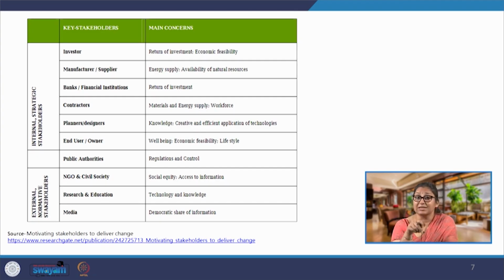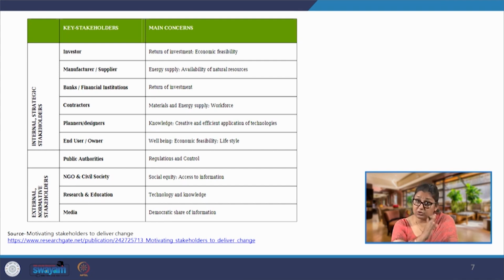These are the resources that he needs to continue to work, continue to supply the material. Contractors require this continuous supply of materials and energy and also workforce. For designers and planners, they need to have the knowledge base updated every now and then, they have to be creative, and there has to be an efficient application of the knowledge and technologies that they have read about. For the user, it is about well-being, it is about also economic feasibility and also optimization of the economics along with health and well-being and overall lifestyle.